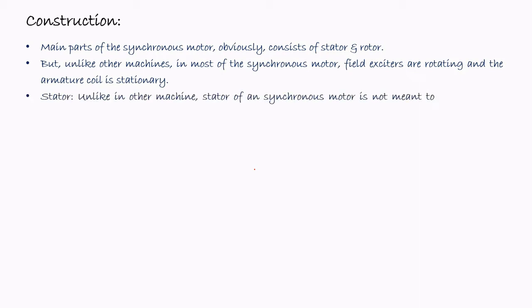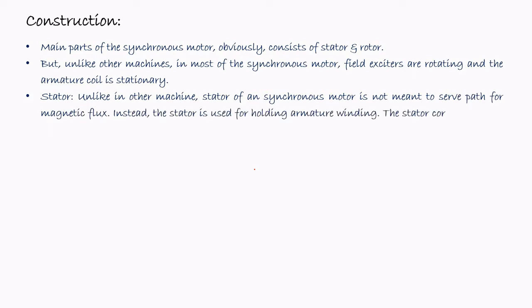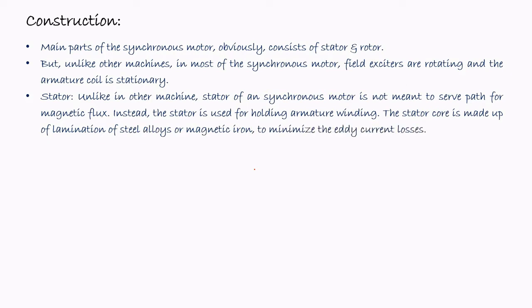Unlike in other machines, the stator of a synchronous motor is not meant to serve as a path for the magnetic flux. Instead, the stator is used for holding the armature winding. The stator core is made up of laminations of steel alloys or magnetic iron, to minimize eddy current losses.